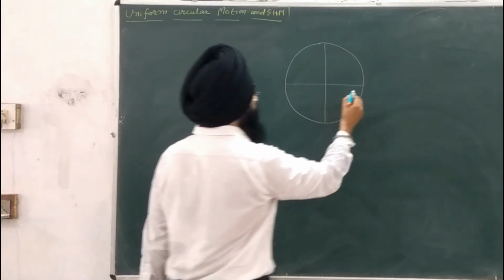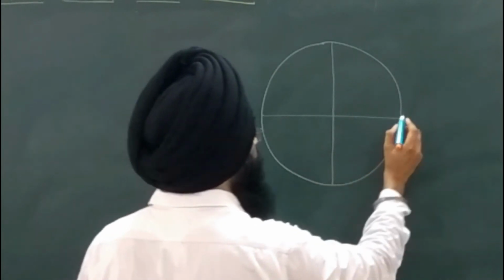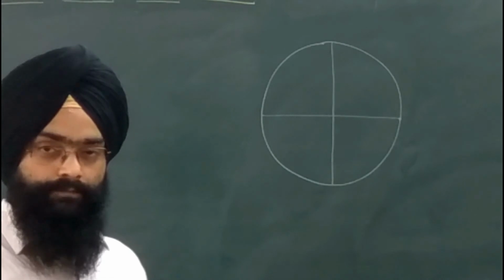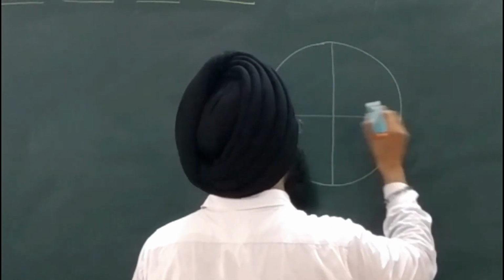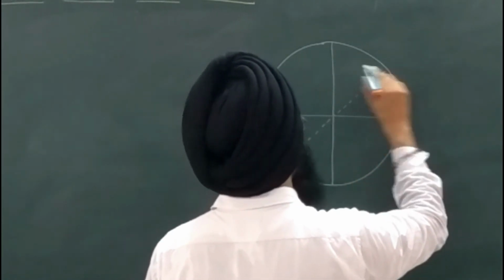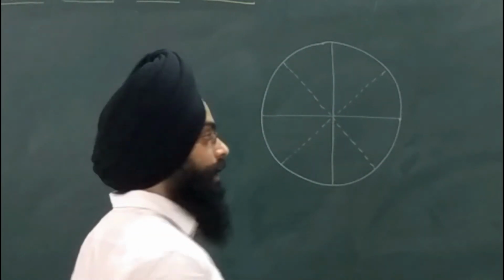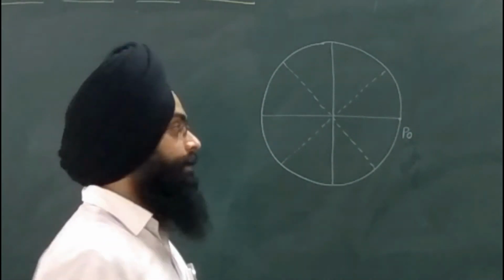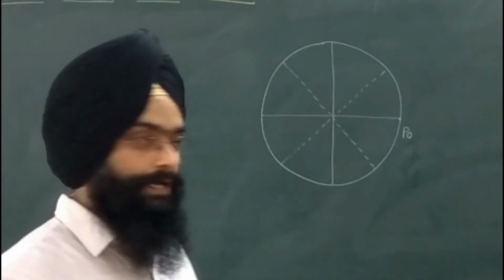We know that if the particle starts from this position and by completing the whole journey, when it returns to this position, it takes one complete revolution in one time period. So if I divide this whole section into 8 equal parts, and if the particle starts from this position P0, then every section will be represented by 1/8th time of the time period.